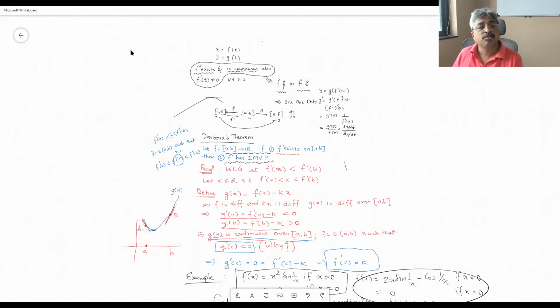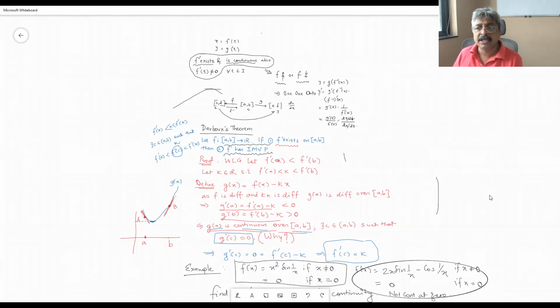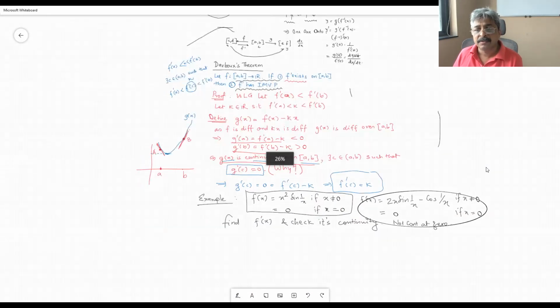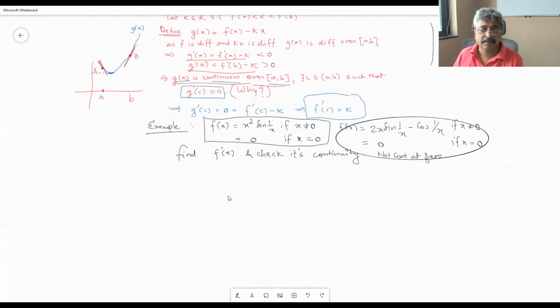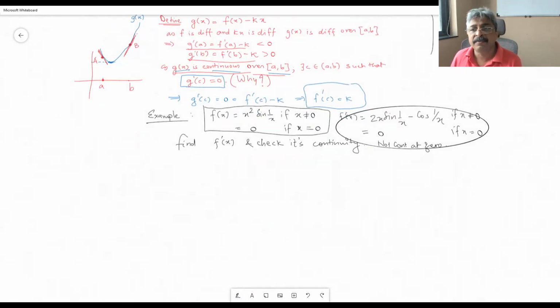Okay, so now let us move on to the next and yet important theorem. When we learned Jensen's inequality sometime in 9th standard, I think, we defined the convex function at that time. What do we mean by a convex function?